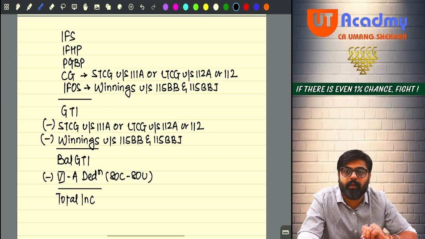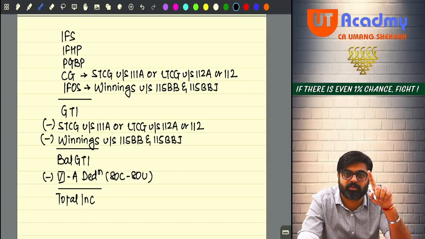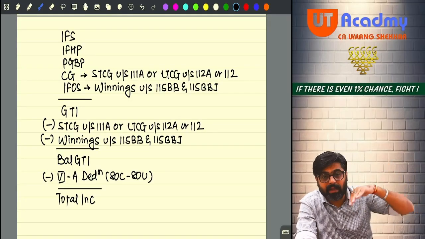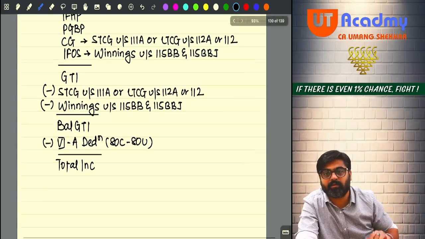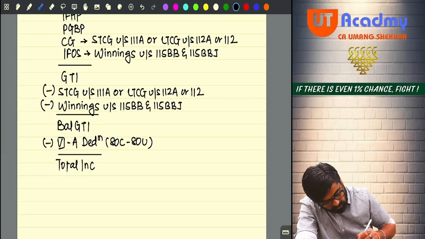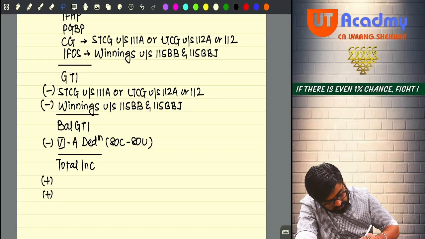Why? Because my total income should also include my other incomes, those short-term capital gains and everything, which I have reduced first. Now I'll include those incomes in the total income. Getting my point? So now I will again add these incomes in my total income.